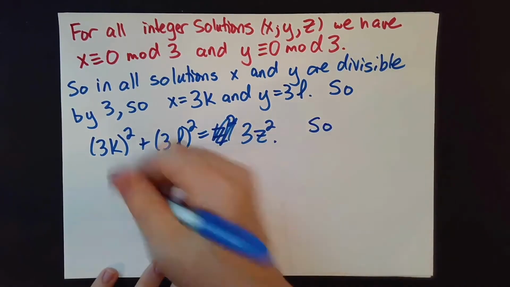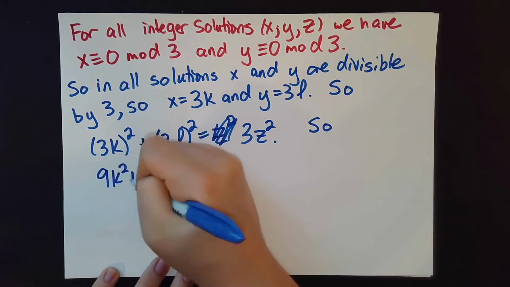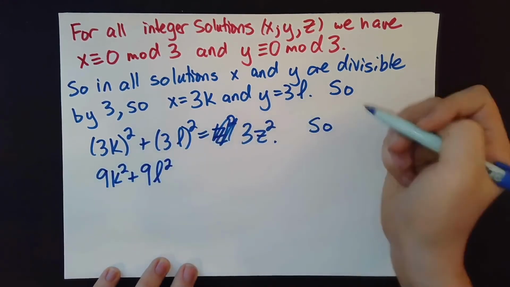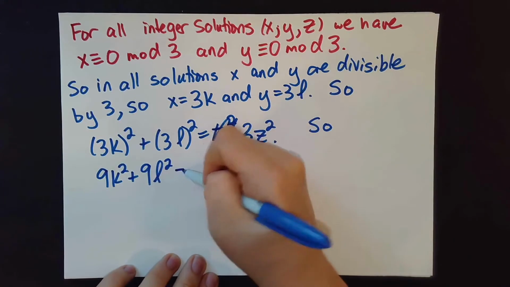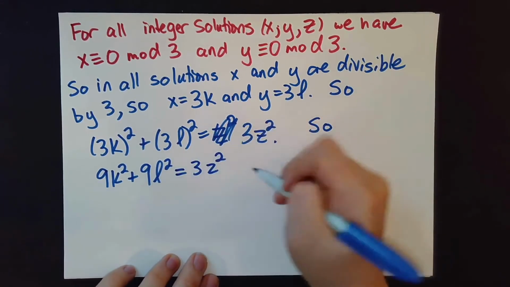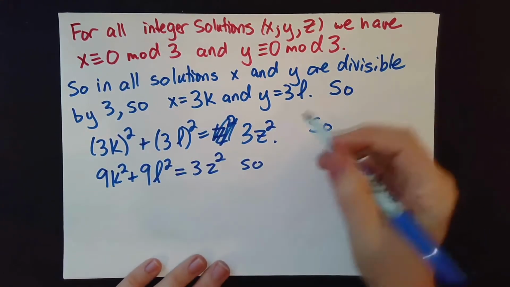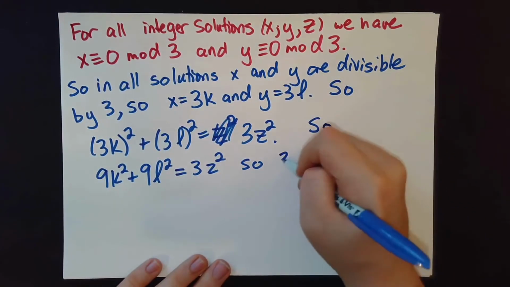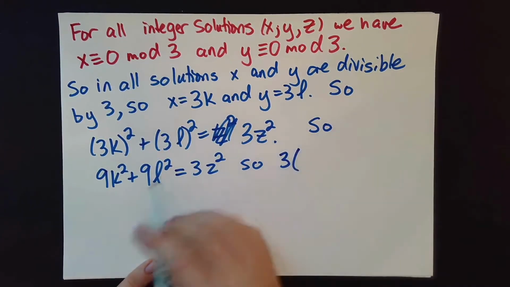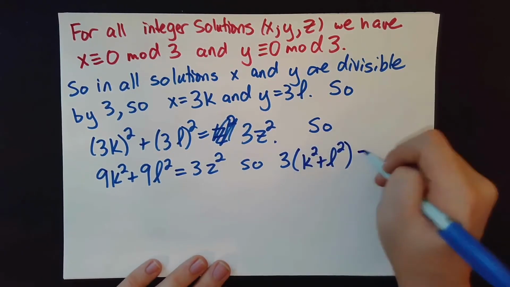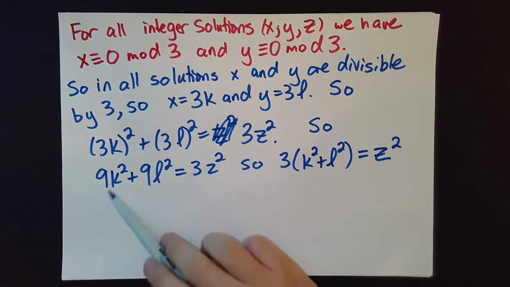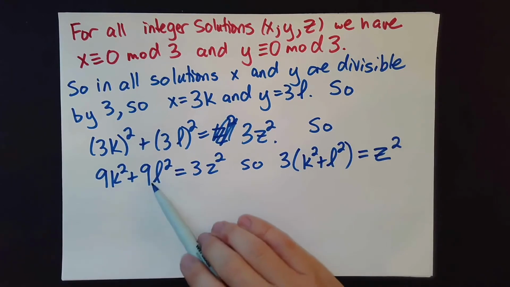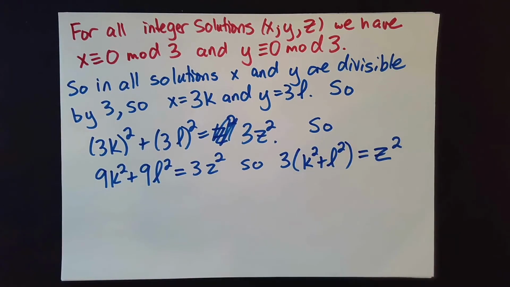Once I simplify this out, that will give me 9k squared plus 9l squared equals 3z squared. I now notice that I can divide through by 3, so I'll do that. In fact, I'm going to factor a 3 out of the left, too. So I divided through by 3, which gave me 3k squared plus 3l squared, and then factored the 3 out.